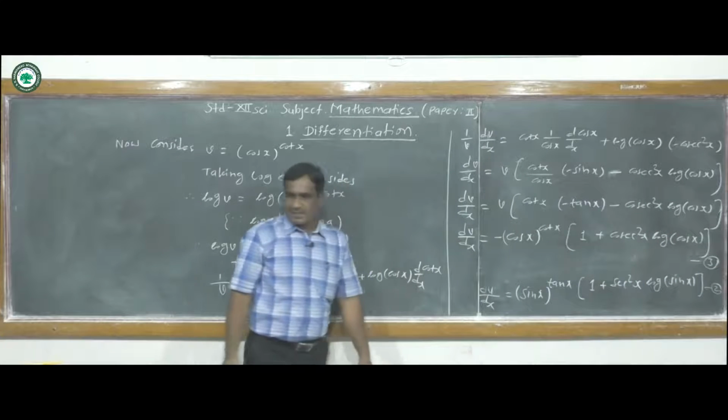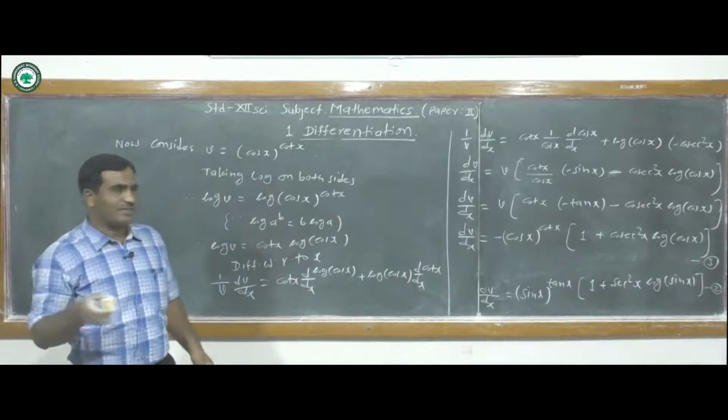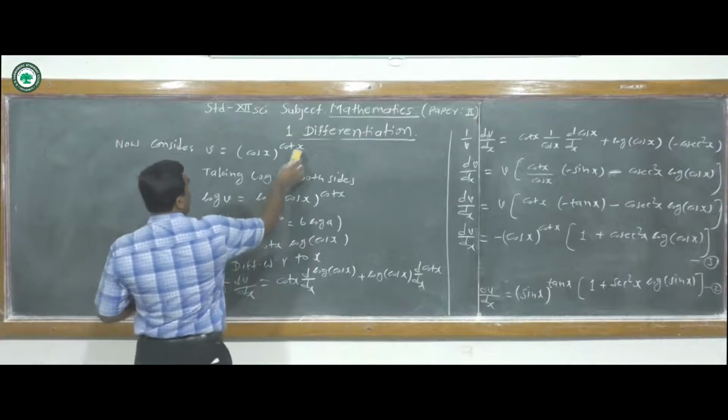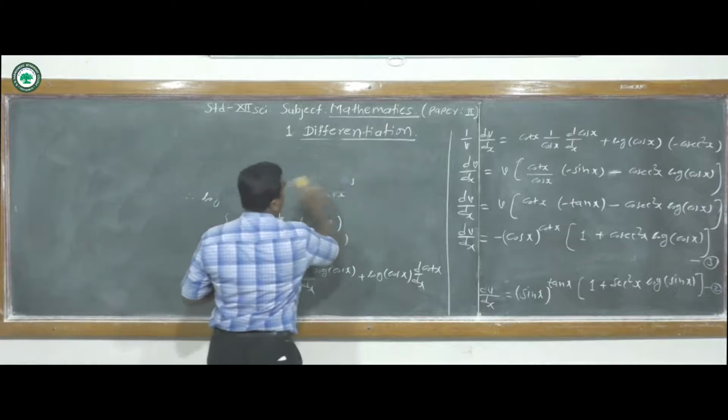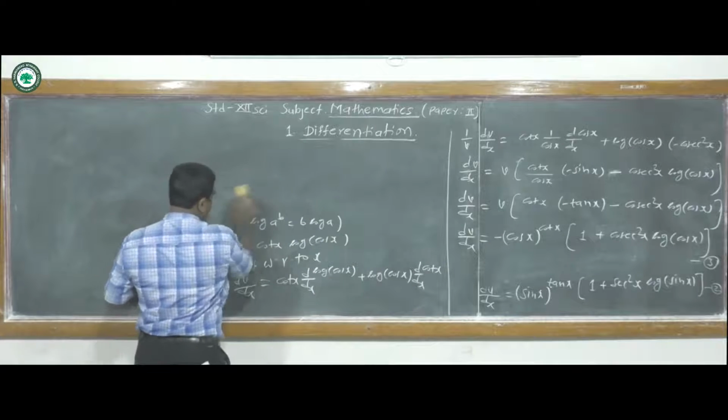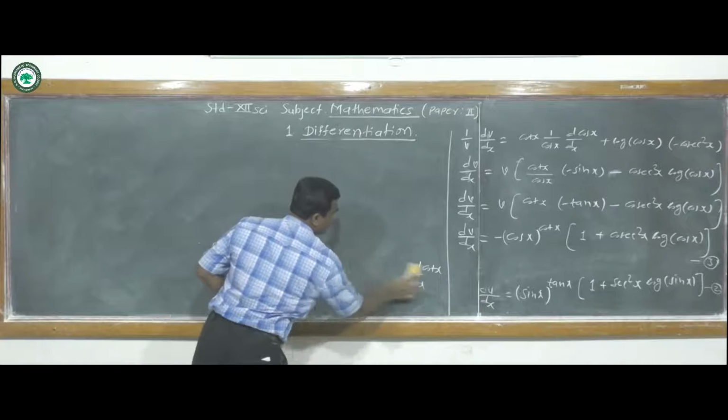Now put equations 2 and 3 in equation 1. Equation 1 is dy by dx equals du by dx plus dv by dx.